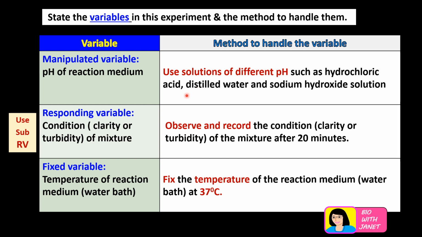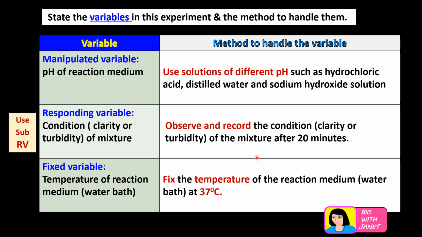So to summarize, you have to know the keywords to use when you are explaining the method to handle the variables. Okay. For MV, we also write use solutions of different something or use different something. Use different MV. Then you can also state such as and then give the values for the MV or the variations for the MV.